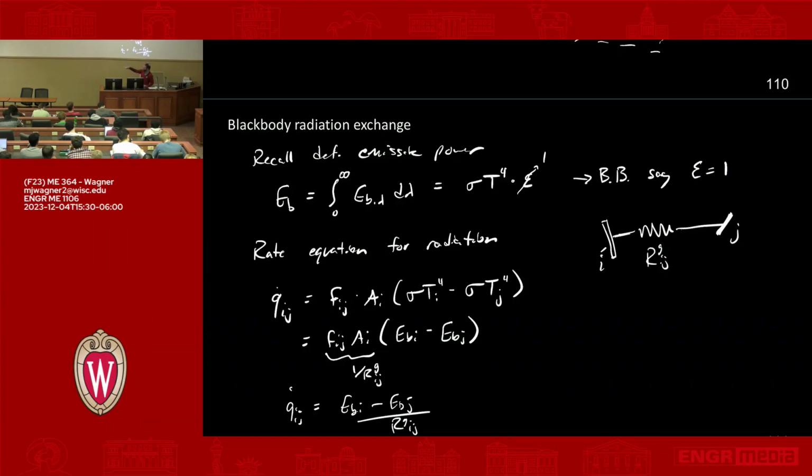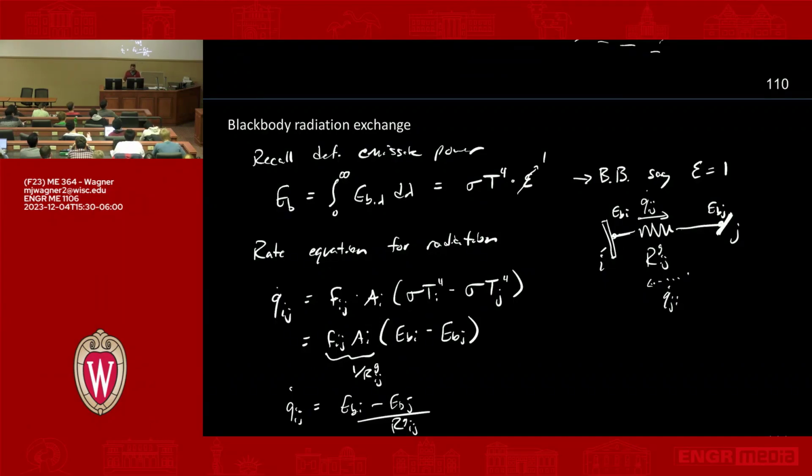But then the driving potential between surface I and surface J would be the nodal emissive power. So this would be EBI and EBJ. All right, and then we'd have some heat flow like this, and the heat flow we'd call, say, Q dot Ij, or if we happen to draw it the other way, which we could, we'd call that Q dot Ji.